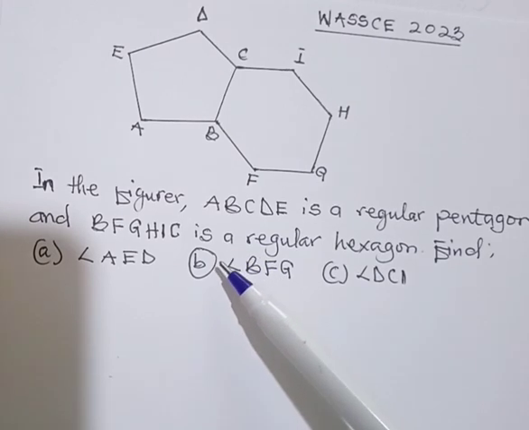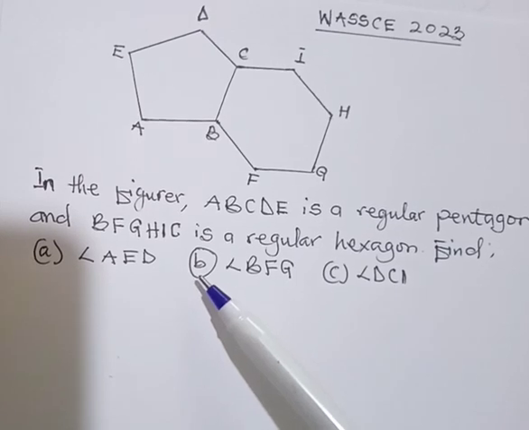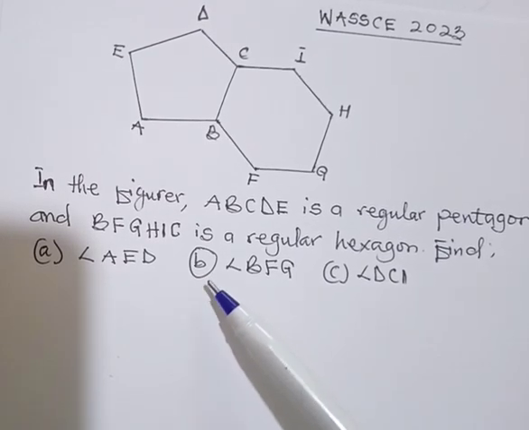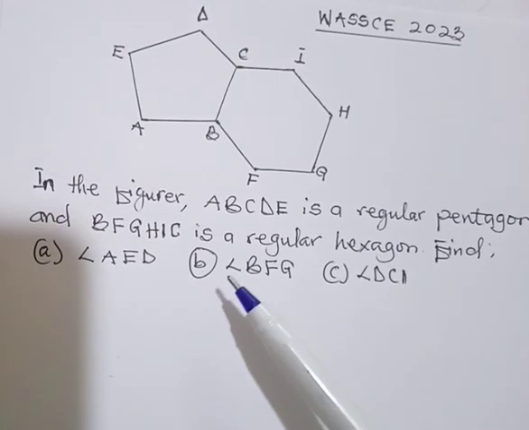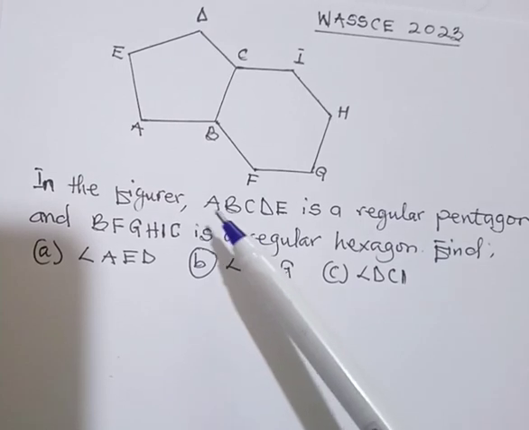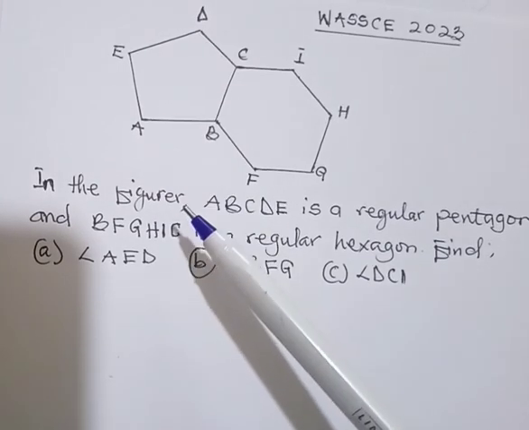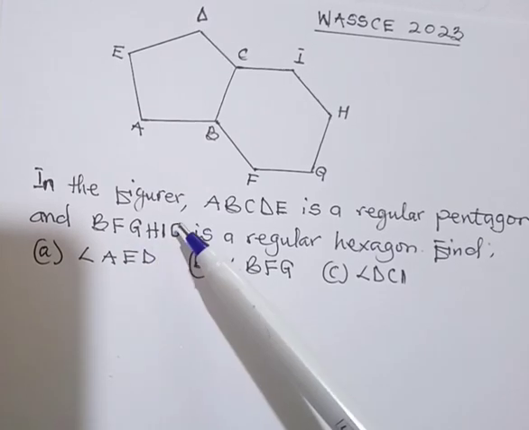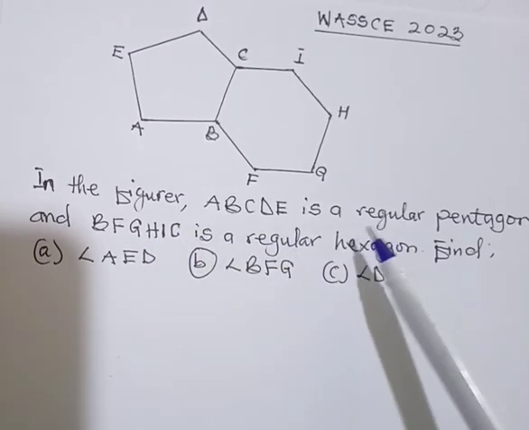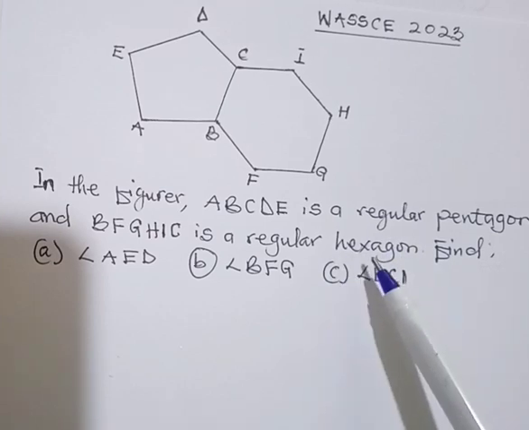Before we continue, remember, in dealing with pentagon and hexagon, when you want to talk about polygons, you have to find the interior angles of a polygon. But what polygon are we looking at? Pentagon and hexagon. Good.